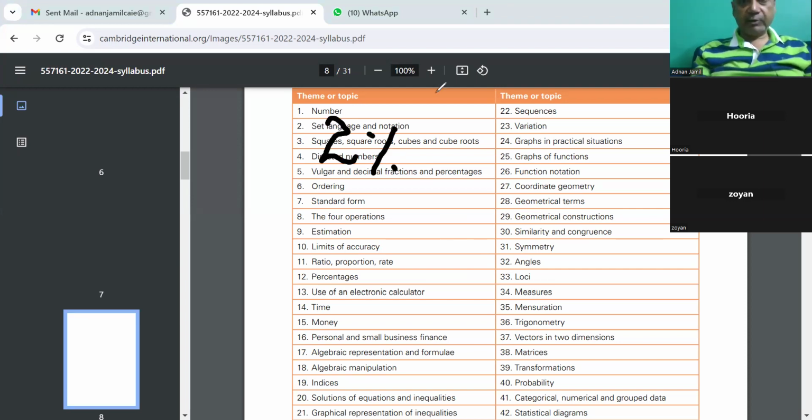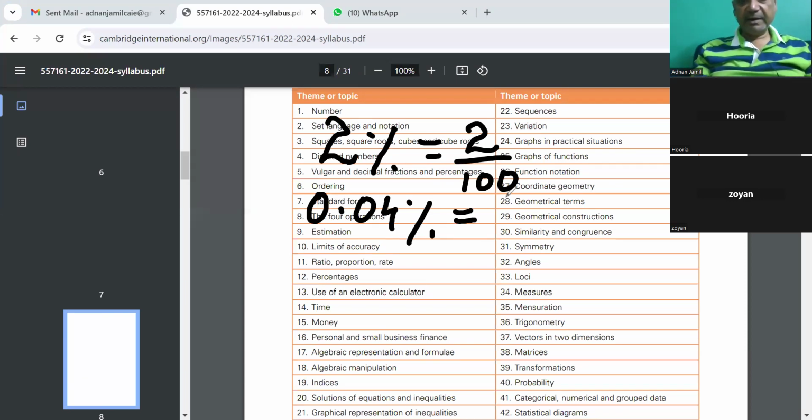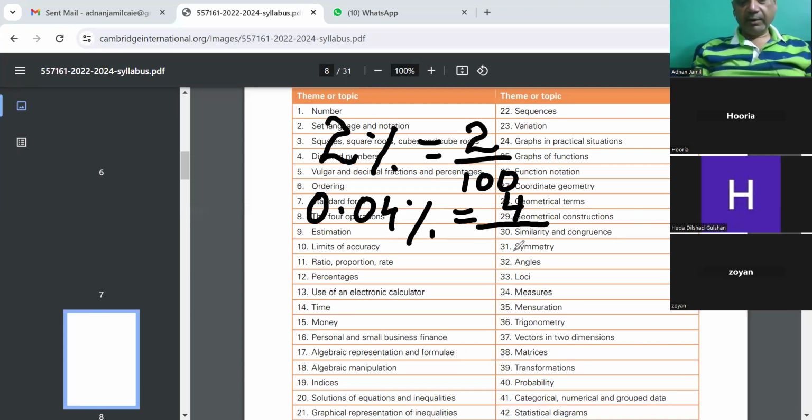If it is written as 2% and you want to convert this into a fraction, you should write 2 upon 100. If it is 0.04%, then first of all, it is better to write 0.04 upon 100, and then it will be equal to 4 upon 10,000.